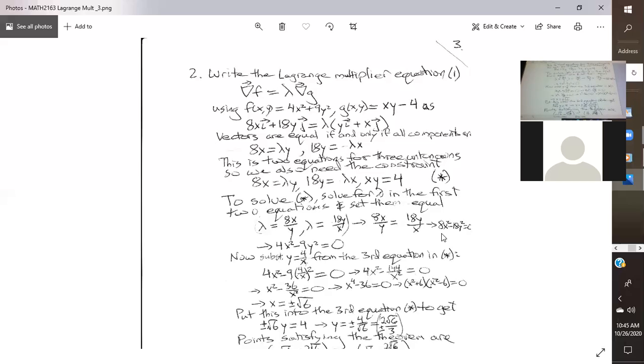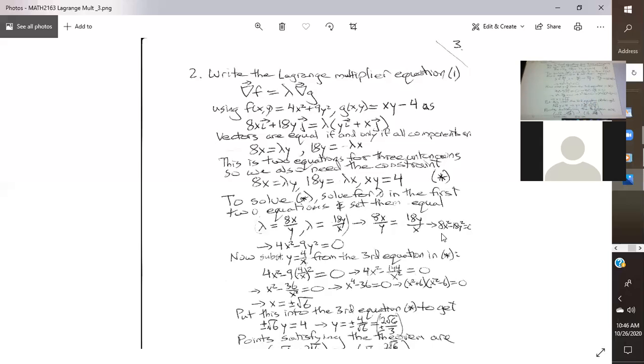And we have two equations and two unknowns. From xy equals 4, we write y equals 4 over x, and we plug that into the other equation involving just x and y.